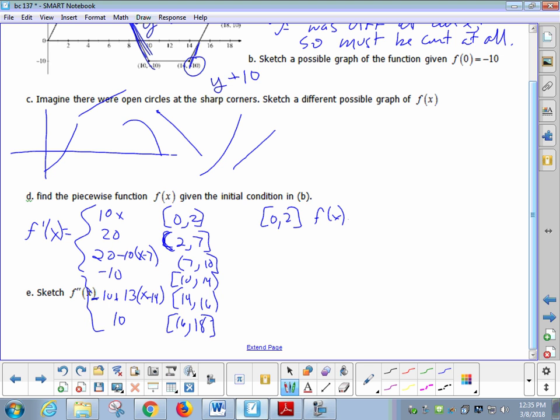F is the antiderivative of negative 10x, right? That's negative 10x plus c. And if we use the initial condition, we get 2 equals 0 plus c, so c is 2. And our first function is f equals negative 10x plus 2. Yes? Are you with me?